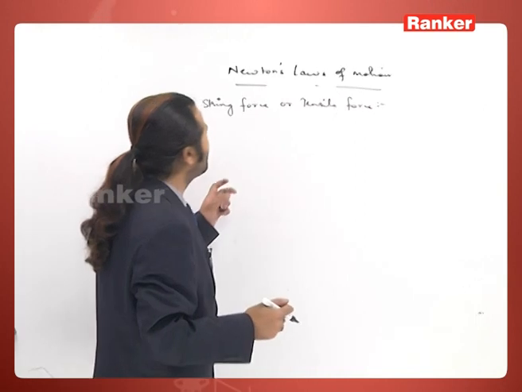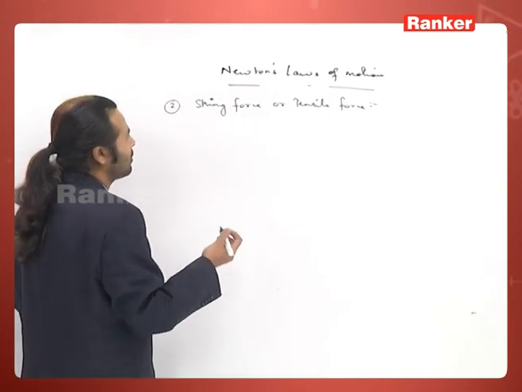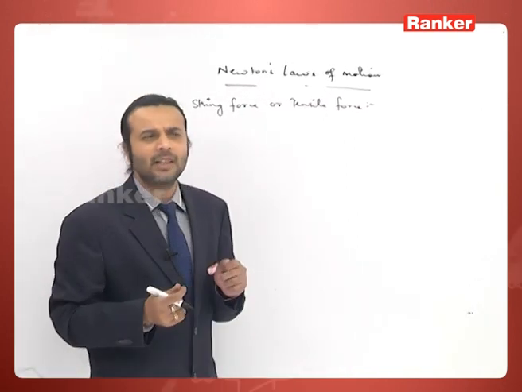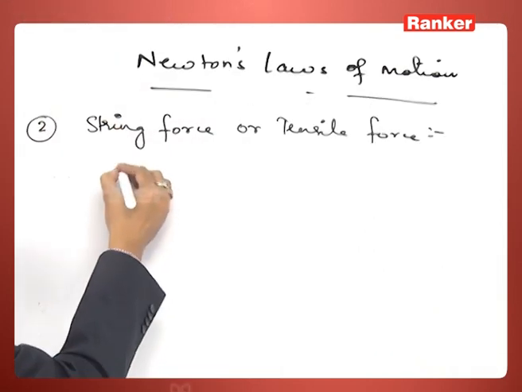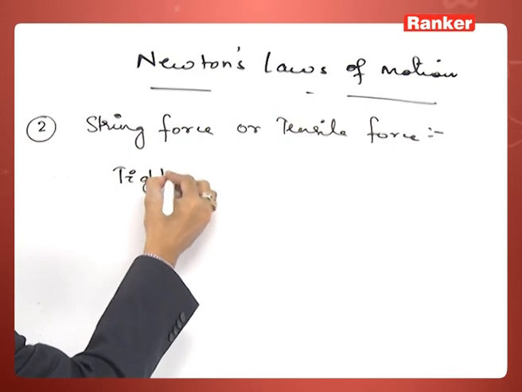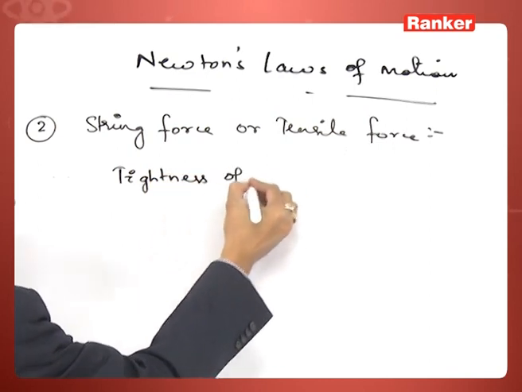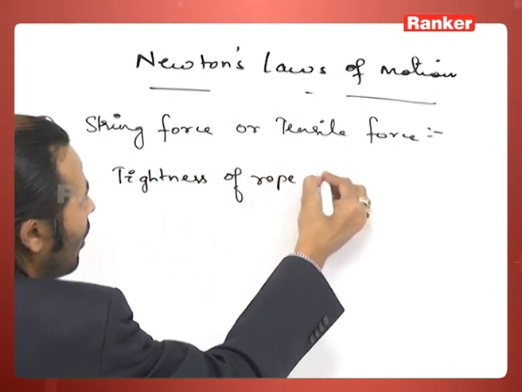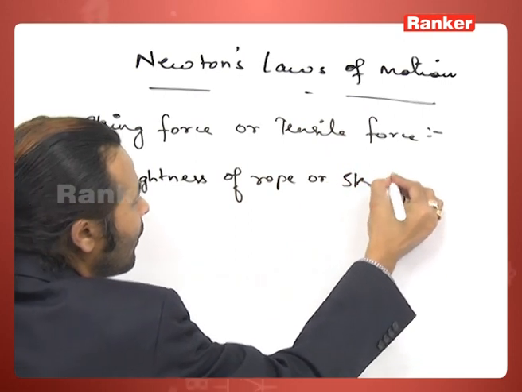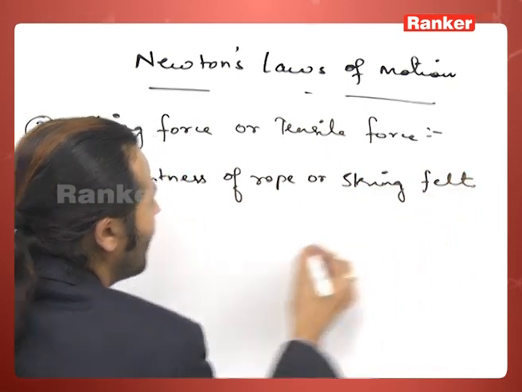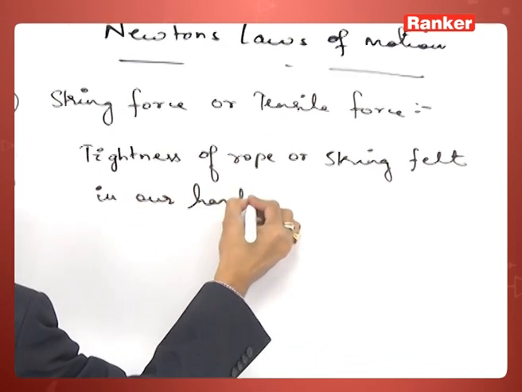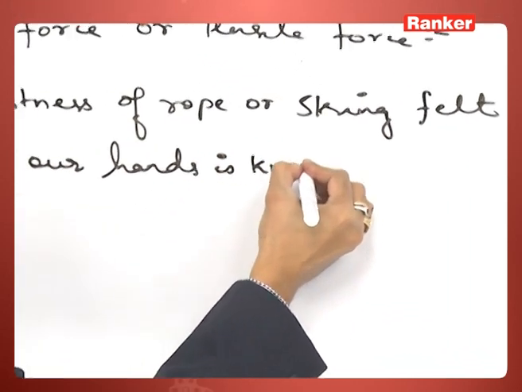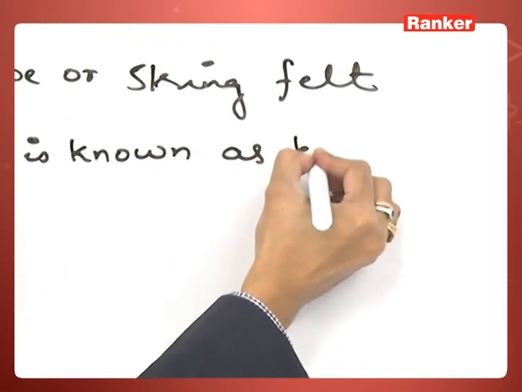Now the string force or tensile force. When we talk about forces arising in a string, ordinarily we say the tightness of a rope or string felt in our hands is known as tensile force.